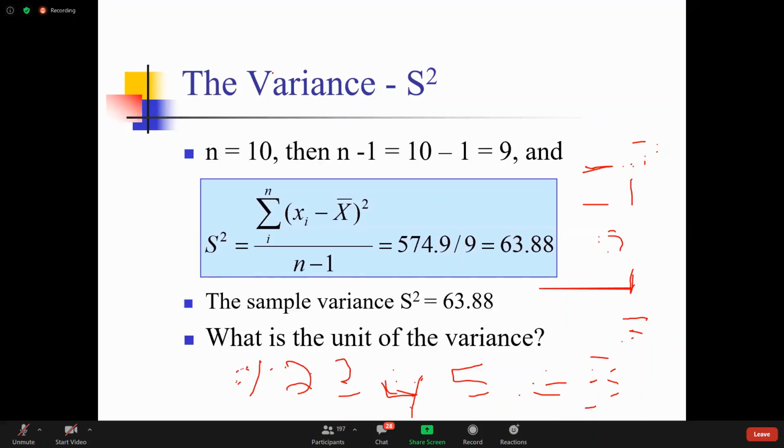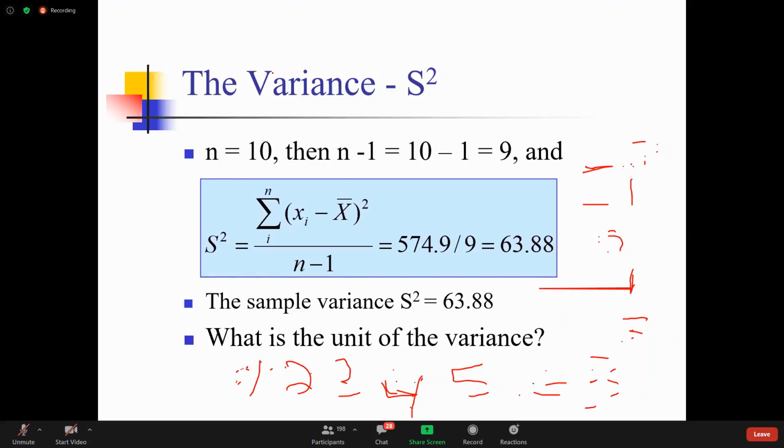Remember, the data set is 1, 2, 3, 4, 5. Take the deviation from the mean. The mean is 3. 1 minus 3 is what? Minus 2. Write it down. 2 minus 3 is minus 1. 3 minus 3 is 0. 4 minus 3 is 1. 5 minus 3 is 2.